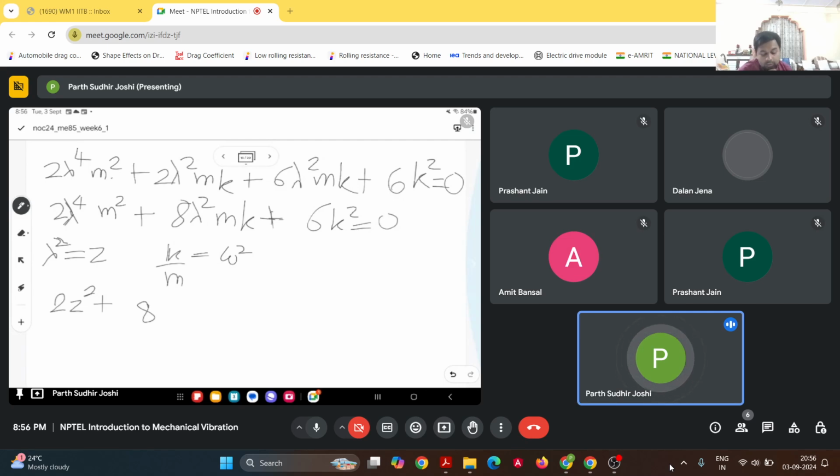So we will get 2z square plus 8 omega square z plus 6 into k square by m square, which will be omega to the power 4.